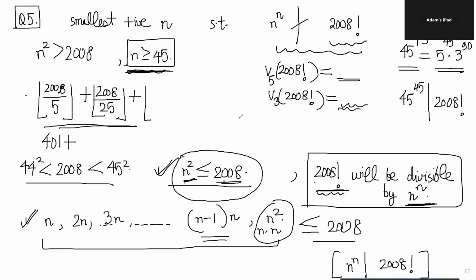Let's now check 46. 46 power 46 will be 2 power 46 times 23 power 46.